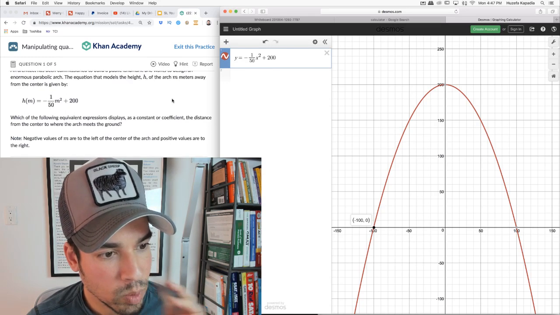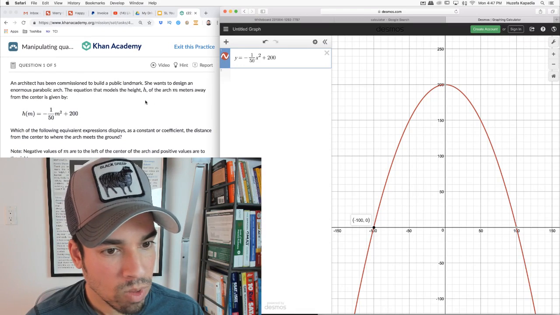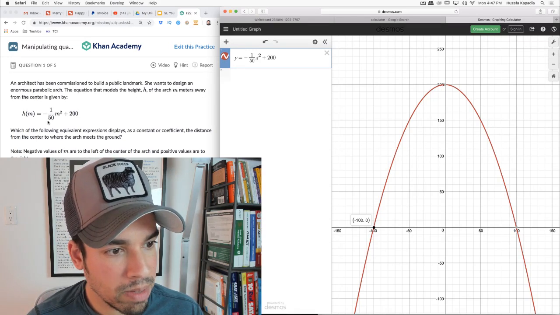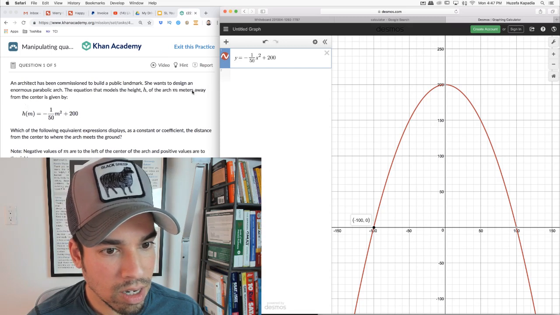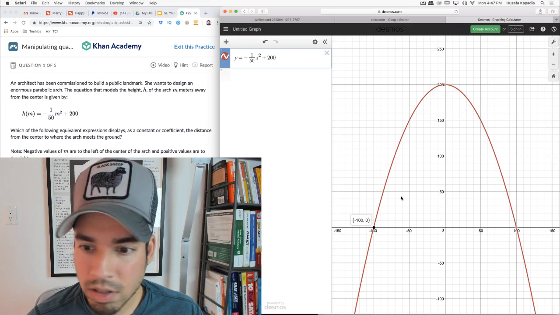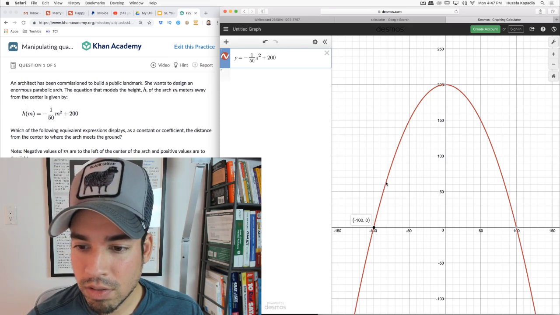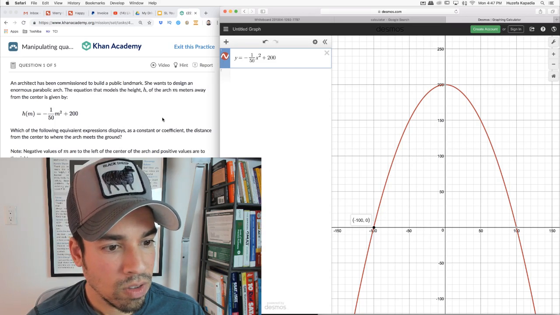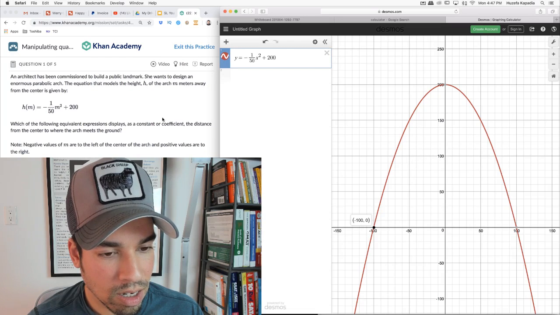Hold on, let me read it one more time. The equation that models the height of the arc m meters away from the center. The height of the arc. Okay, right? M meters away from the center. Showing equivalent expressions displays as a constant or coefficient.